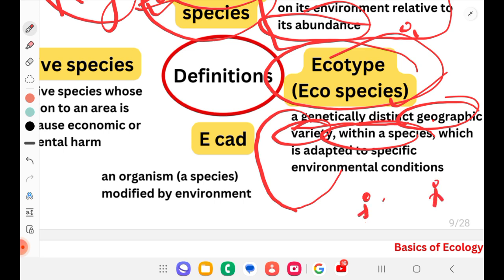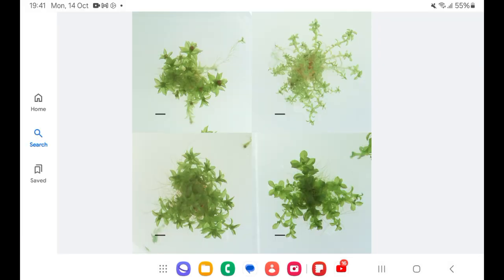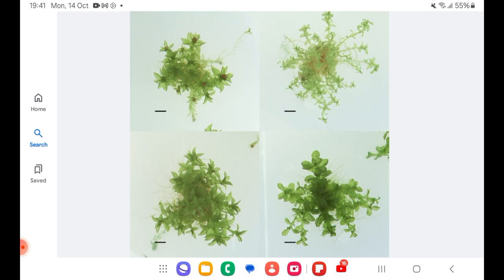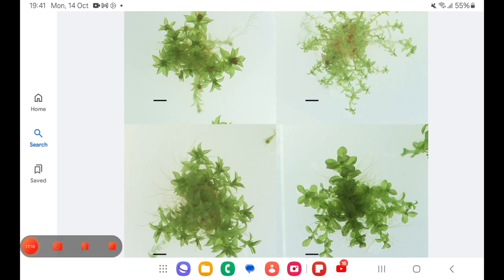So it has developed its own gene composition to adjust to environmental conditions. That is said to be ecotype or ecospecies. Here if you see, the same species in a different gene composition got adjusted according to its geographical or climatic conditions. That is said to be ecotype or ecospecies.